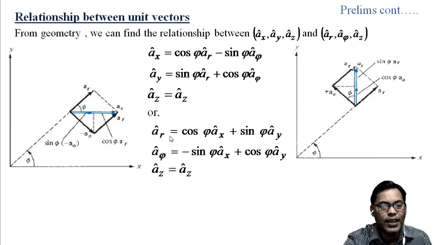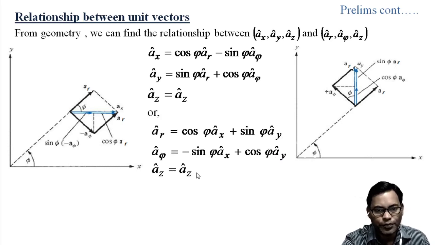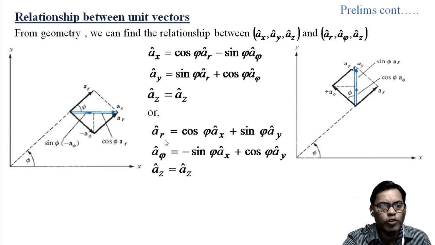You see that ar equals cos phi ax plus sin phi ay, fi equals minus sin phi ax plus cos phi ay, az equals az. From these two diagrams we can also find this out. Suppose we are taking ar, and we want to find the component of ax and ay along ar.